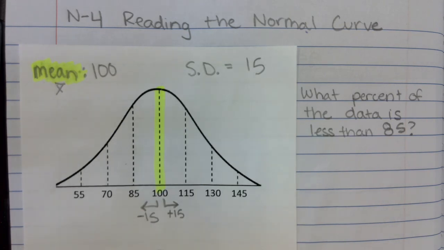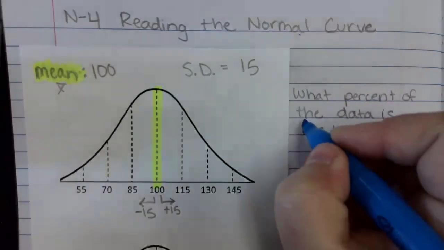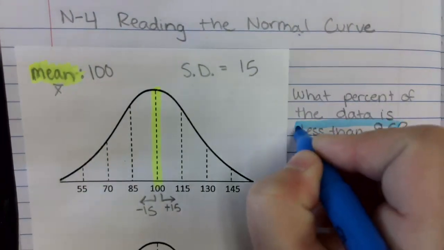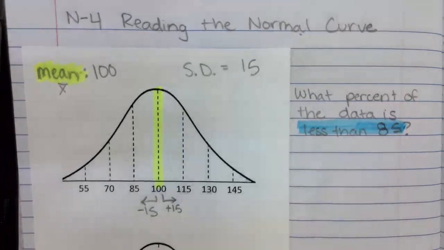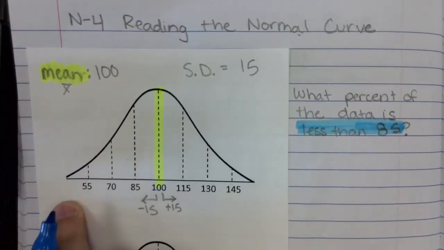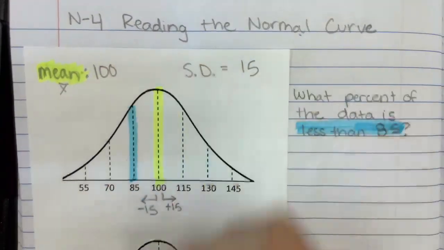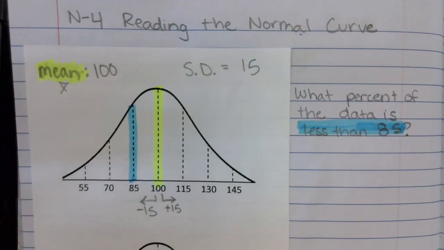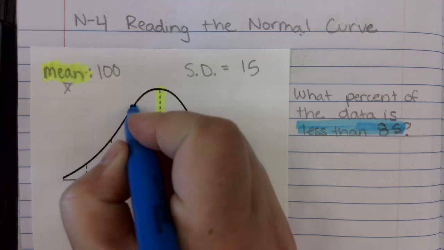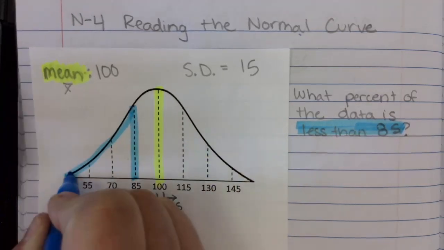So when I look at this and I'm looking at data that is less than 85, I'm going to look at my point here where I have 85, and I want everything that is less than that. So do I want to go to the left or to the right? To the left. So I'm going to go to the left, and I'm shading in all that space.